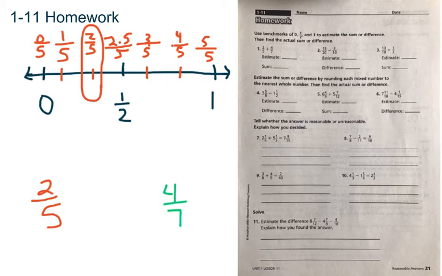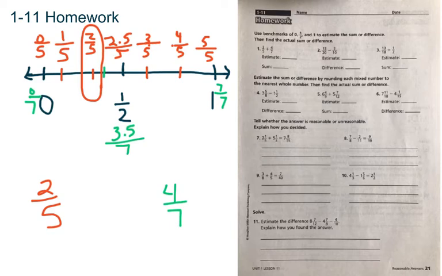If we were to plot 4/7, we would break our fraction bar up into sevenths. And this would be 7/7, would be 1 whole. This would be 0/7. And half would be 3.5/7.